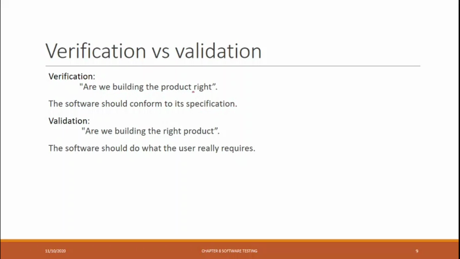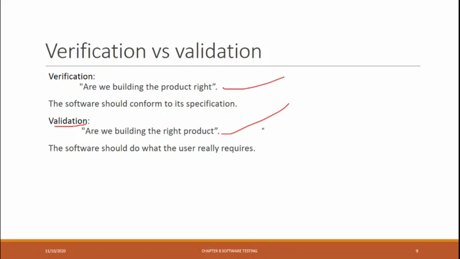Validation is, are we building the right product? The software should do what the user really requires. So validation is, are we building the right product? Verification is, are we building the product right?